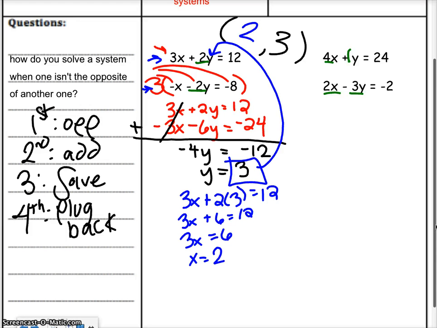What would be easy? The bottom? I like the bottom because the top is 4. So what can I turn 2 into to get rid of 4? What can I turn 2 into? What's a common denominator? 4. So I'm going to turn 2 into negative 4 by timesing through by negative 2.